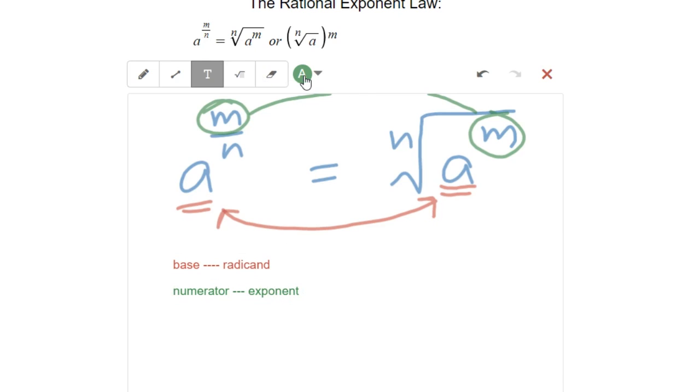And the biggest difference is the denominator. The denominator of our rational exponent is put as the number for our index.